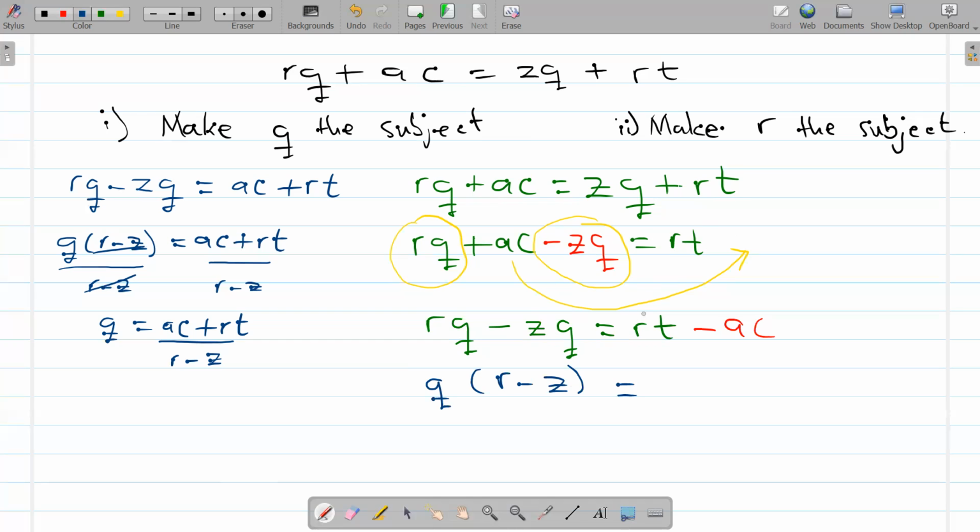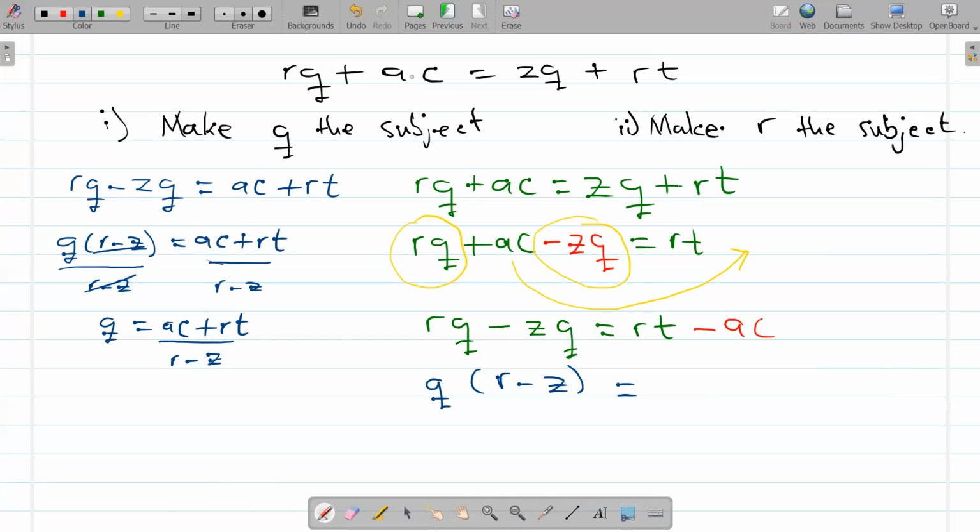The part where you did not get it right is you moving the AC and the RT. Because you made yours AC plus RT, but it should rather be minus AC plus RT. If you moved it right, it should be minus AC plus RT. Yes.